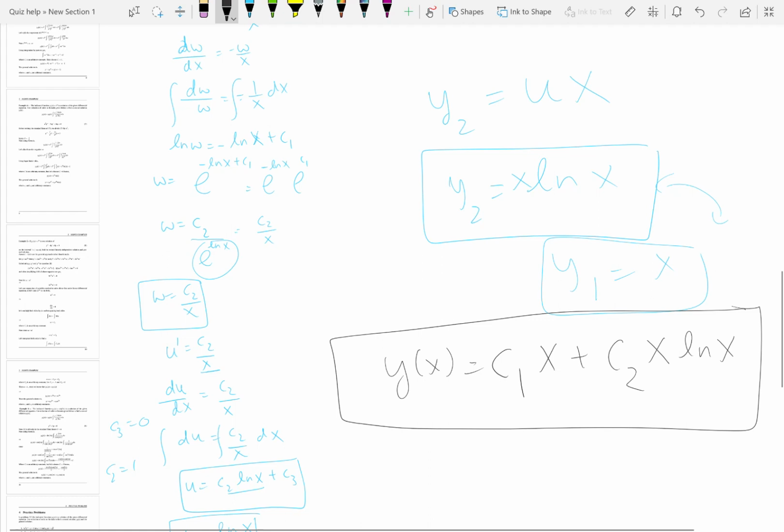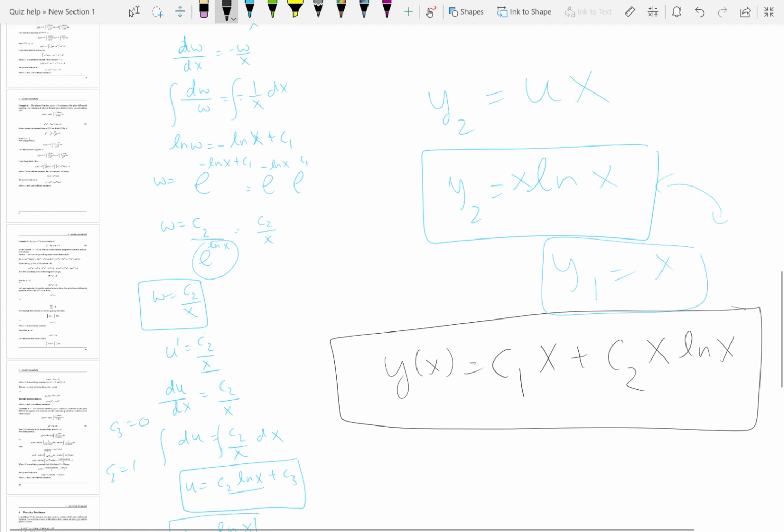So the whole method depends on this: find y as u times y1, apply the product rule, find u prime and u double prime, substitute them into the differential equation, and simplify. You will be able to get rid of u and get a cleaner second order differential equation of u.